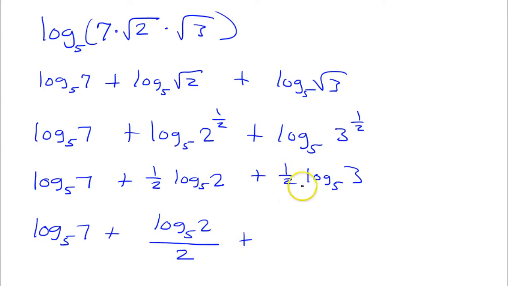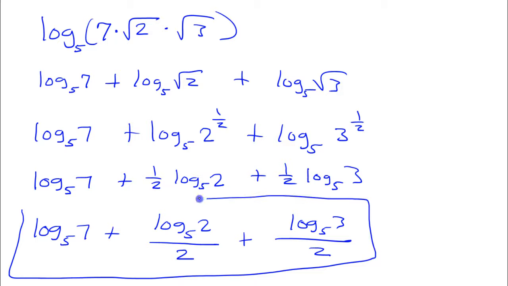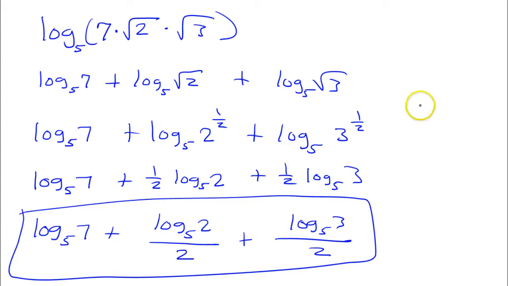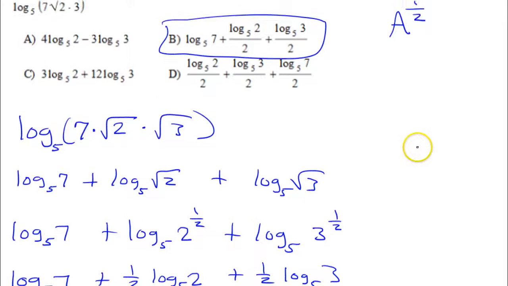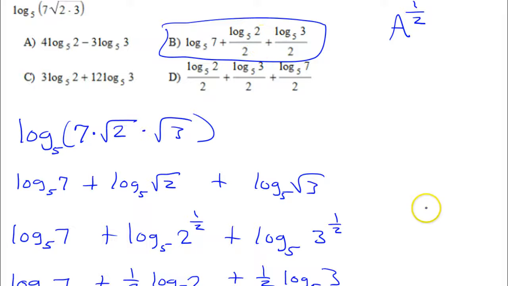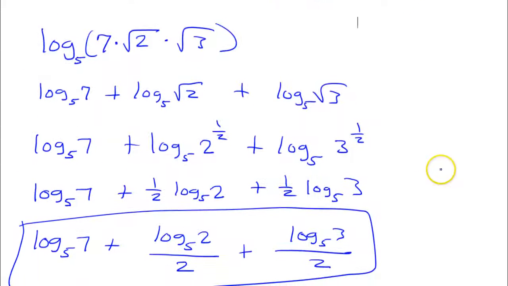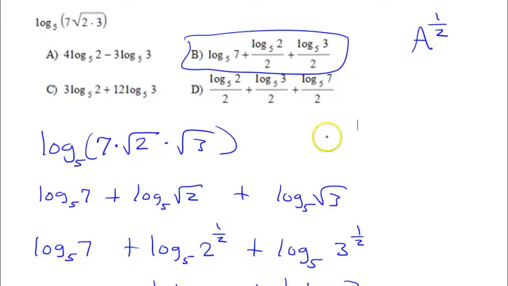So similarly, this would be the same thing as having log base 5 of 3 over 2. And it's this form that they chose to use. So if you compare that to this, boom, that's what it is. So the answer is B.